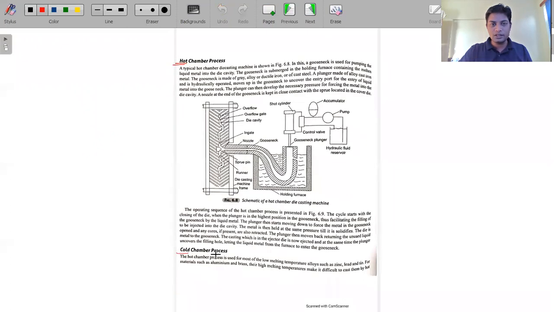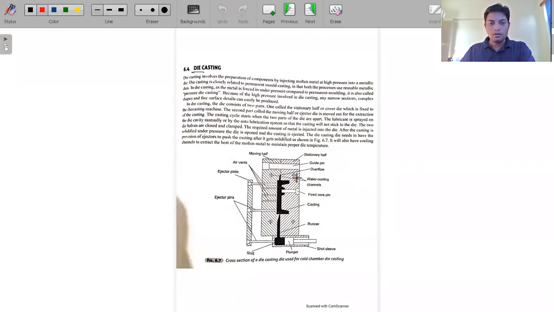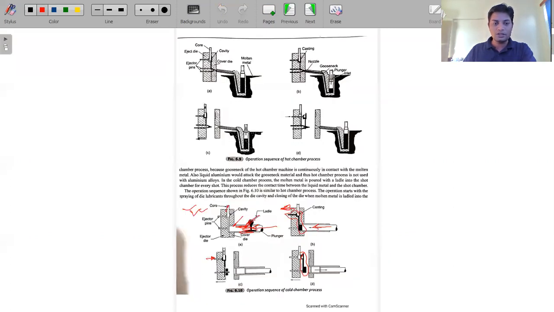In this figure, this is a fixed pin, and sometimes we use an ejecting pin, which, once connected, we push inside, and it pushes the casting out of the movable die. So this is basically the process of the cold chamber.